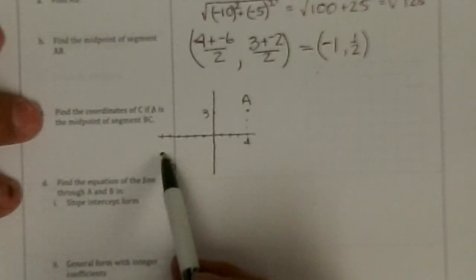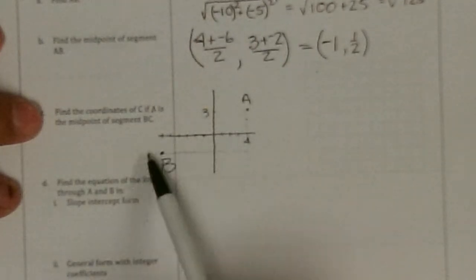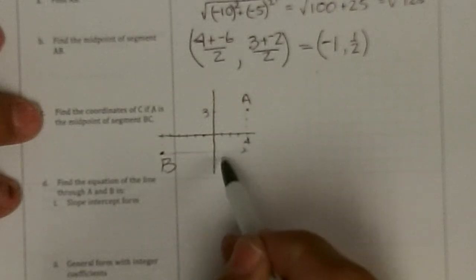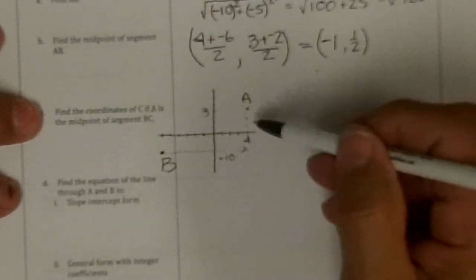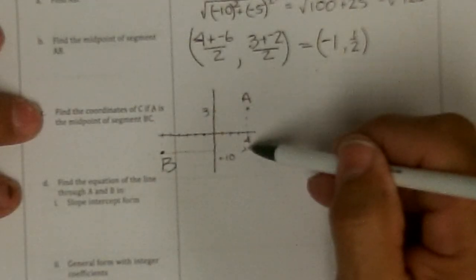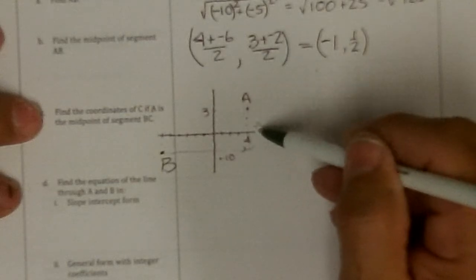Now we've already determined that this change in x was negative 10 going this way, so it's positive 10 going this way. And the change from A to B in the y was negative 5, but if we're going the other way from B to A, that would be plus 5.